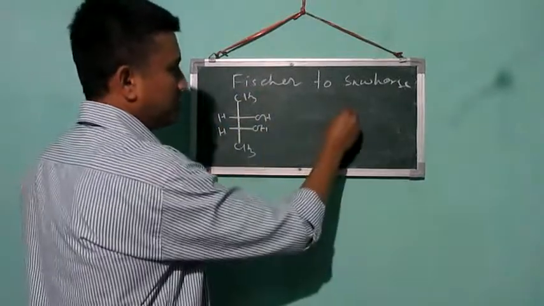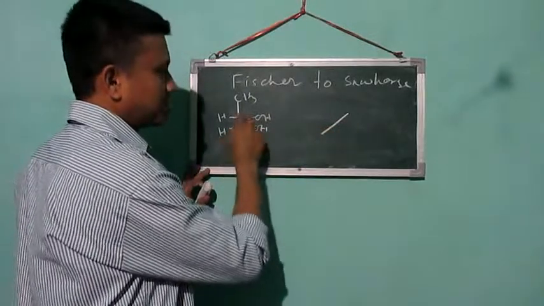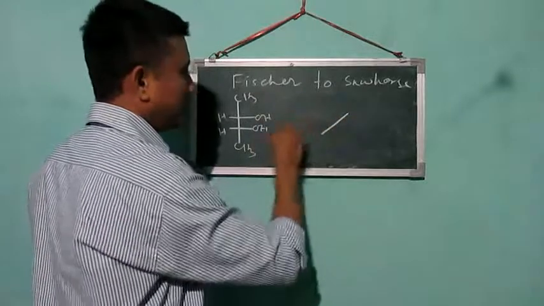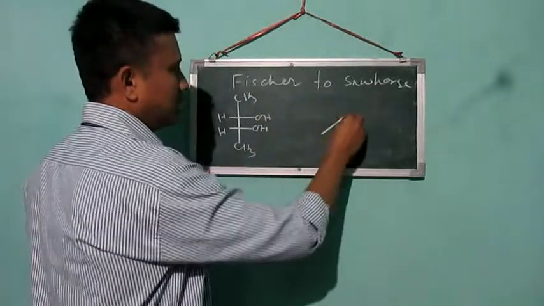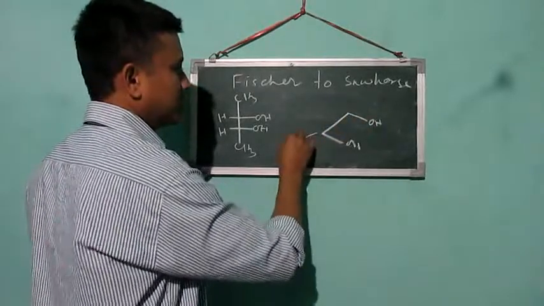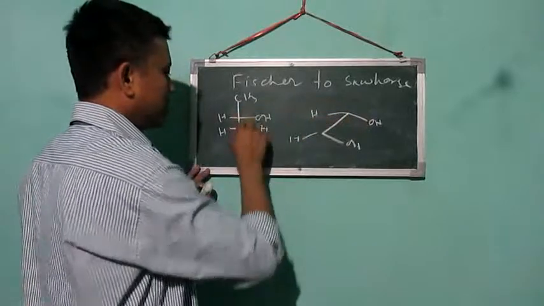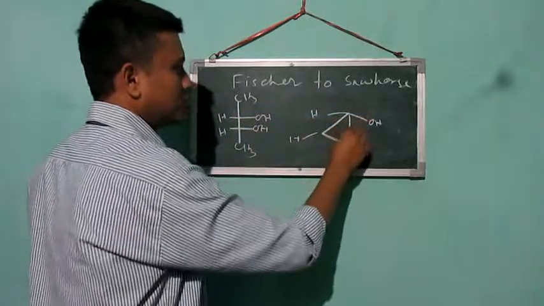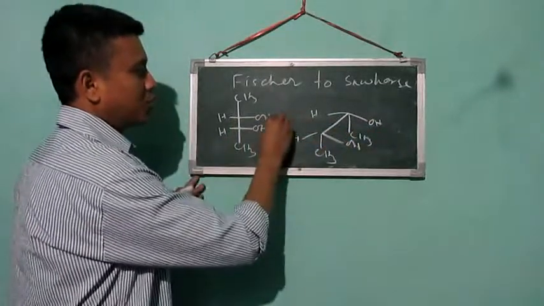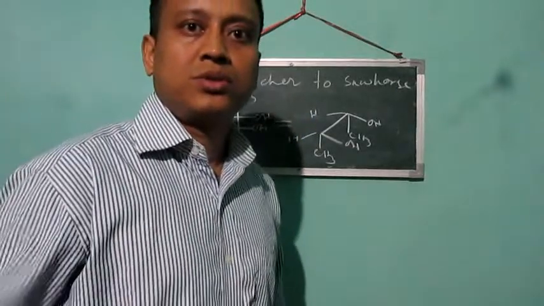Then first we have to draw the middle bond, this middle portion, and then we have to add the OH and the hydrogens like this, as it is present here, OH and hydrogen, and the two vertical groups will be below like this. This is the direct conversion from Fischer to Sawhorse. So thank you.